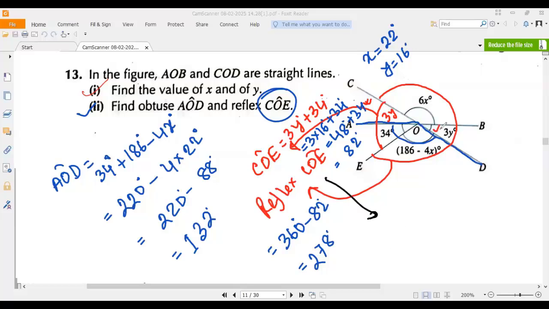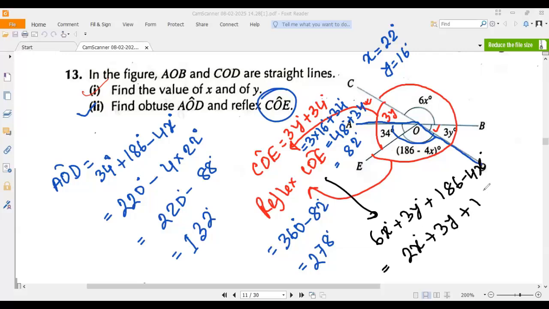Reflex COE can be found out in this way. Look, the largest angle. Here we will get 6x, here we will get 3y, here we will get 186 minus 4x. Now 6x minus 4x is 2x, plus 3y plus 186.